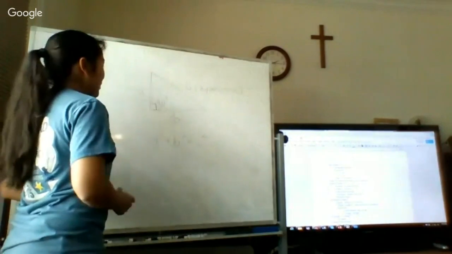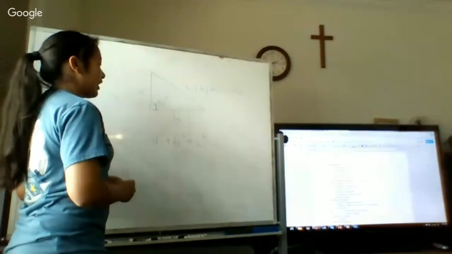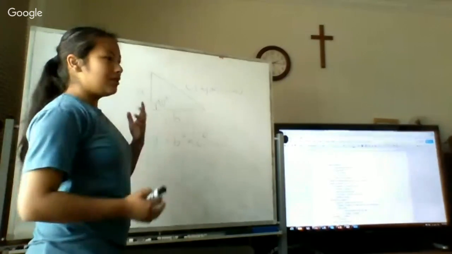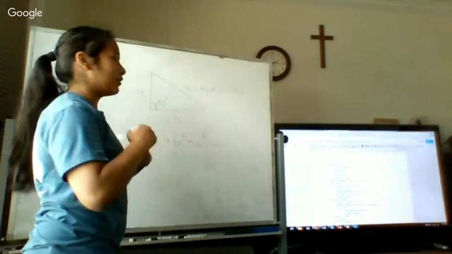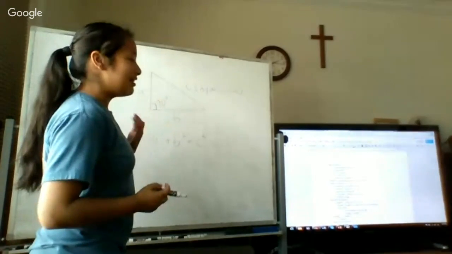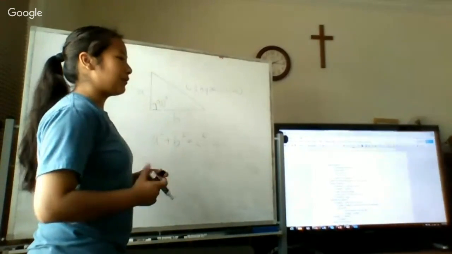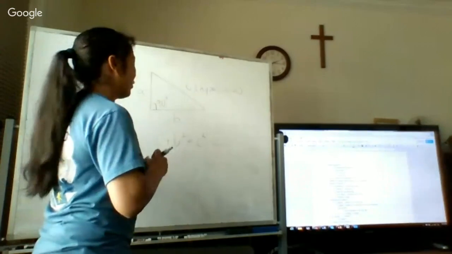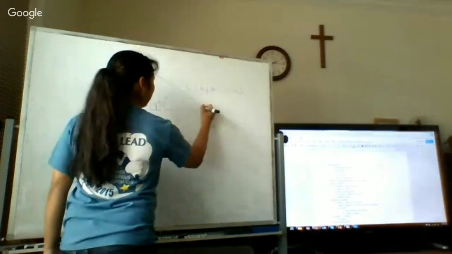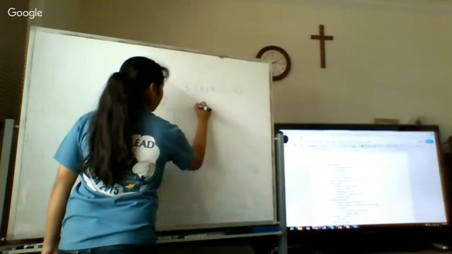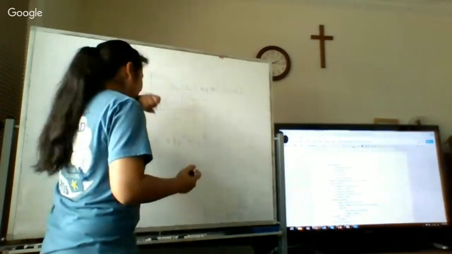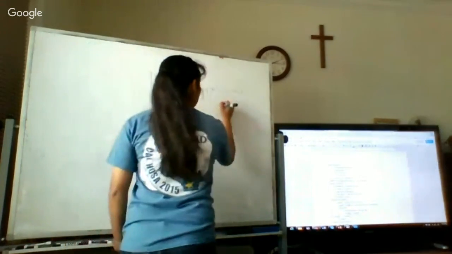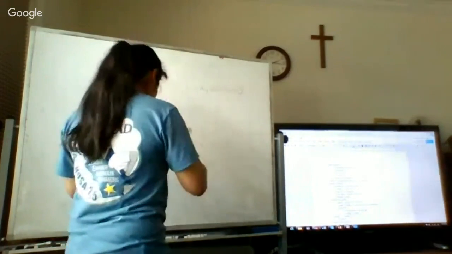And depending on which angle you're looking at, there are special trig functions that we use called sine, cosine, and tangent. I don't know if you guys remember it from geometry. I remember they go over it very briefly. So we call this angle A. This one is part of it.